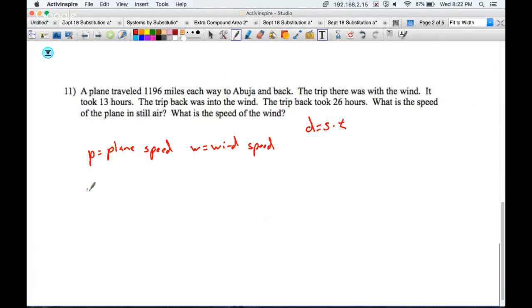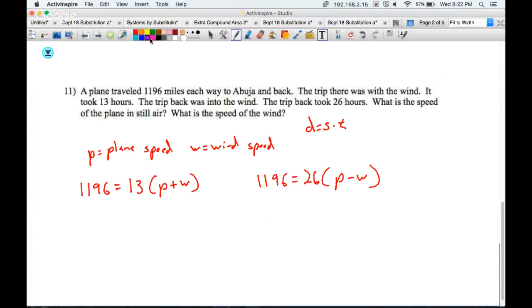The distance is 1,196 miles either way. When we're going with the wind, it takes us 13 hours, and our speed is P plus W. When we're going against the wind, we can cover that 1,196 miles in 26 hours, multiplying it by the plane speed minus the wind.